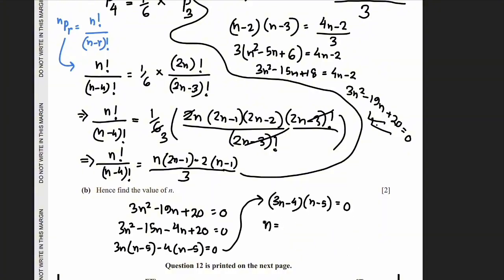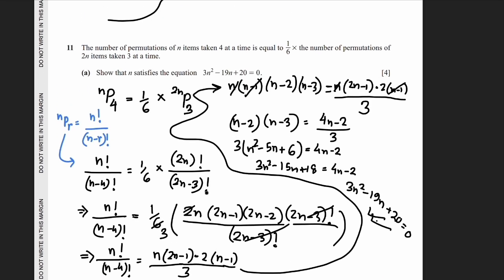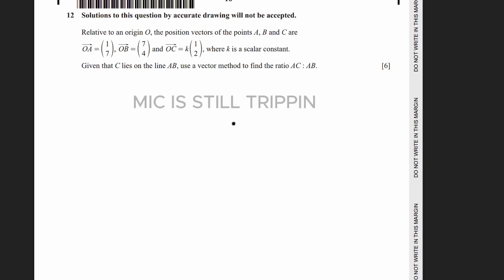Then n is equal to 3, n is equal to 4, and n is equal to 4 over 3, or n is equal to 5. We take the integer one because n cannot be a fraction, because you cannot have a fraction of items at the beginning. Okay, final question.